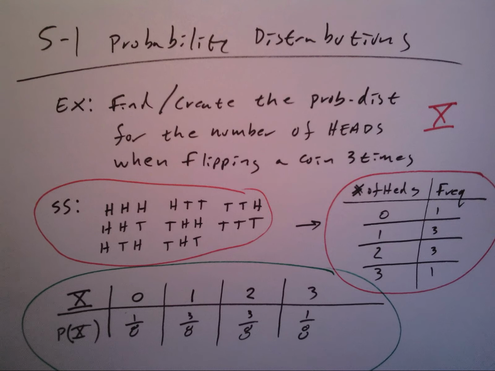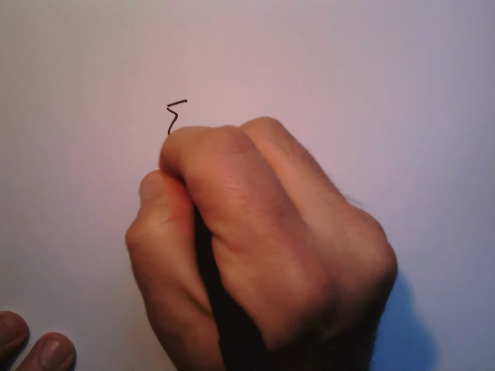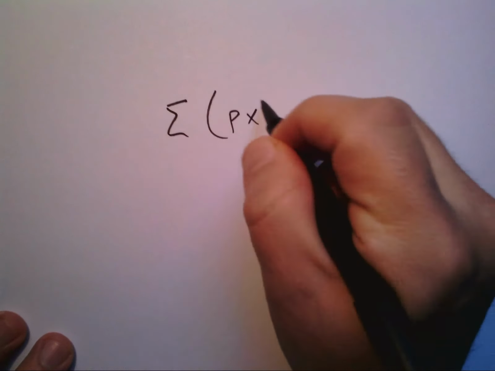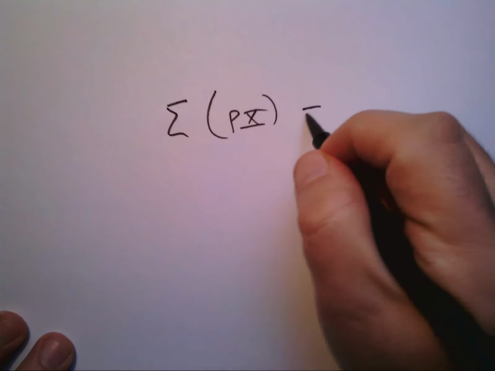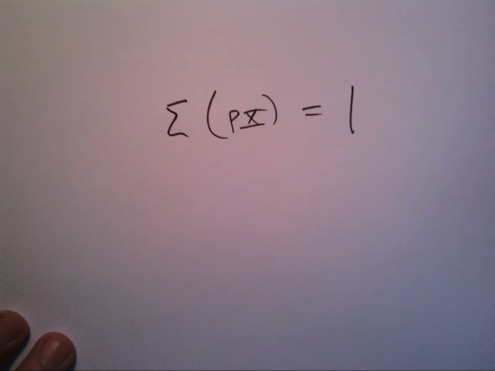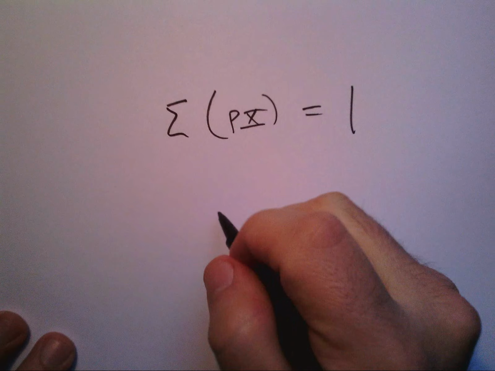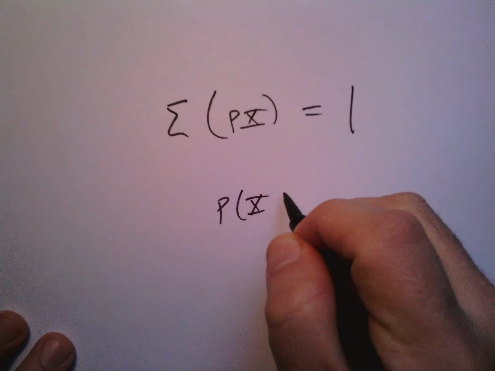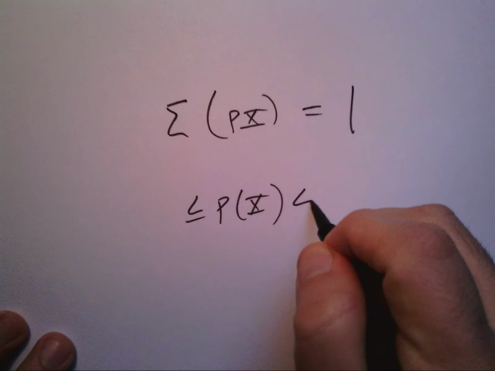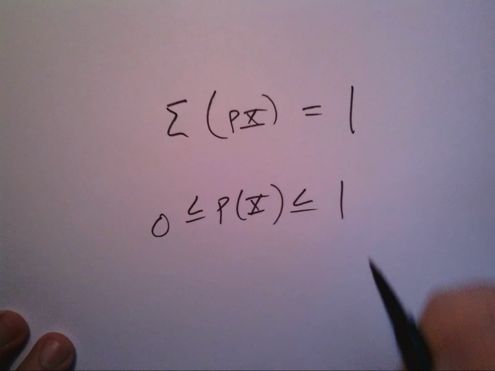Now, there's two things to watch out for when doing probability distributions, and they are their probabilities. So we already know this. The sum of all of the probabilities has to equal 1. If you add up everything, it's equal to 1. End of story. Also, each individual probability must live in between 0 and 1.